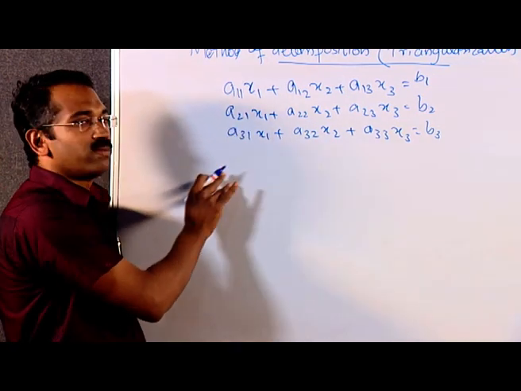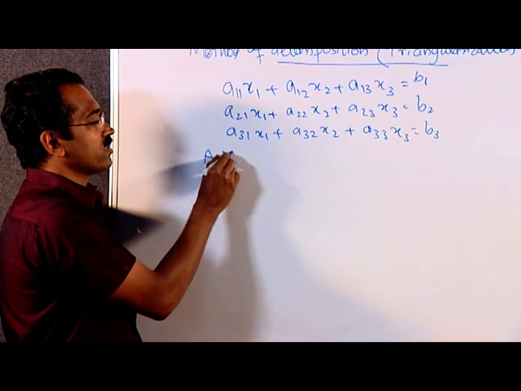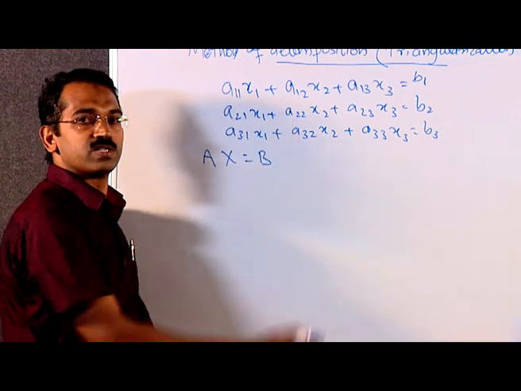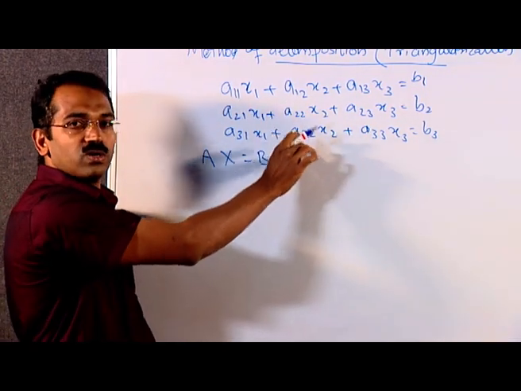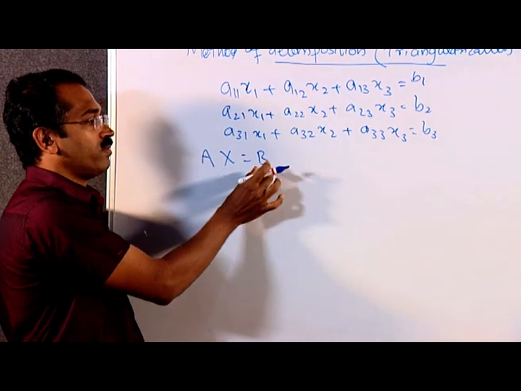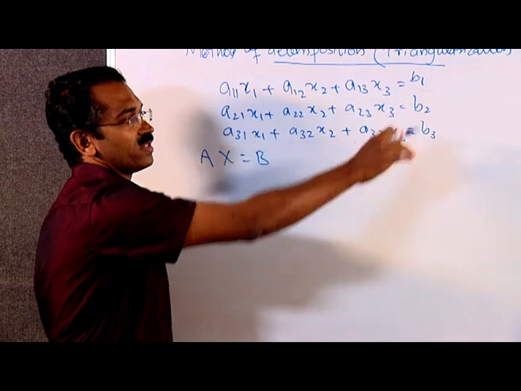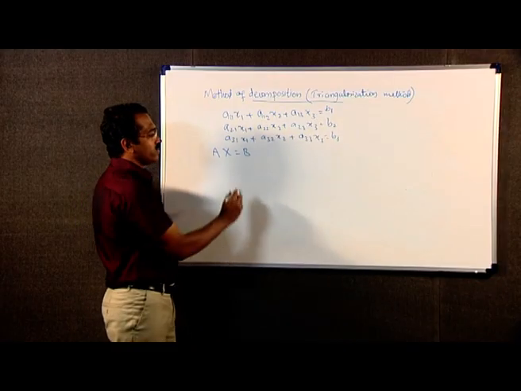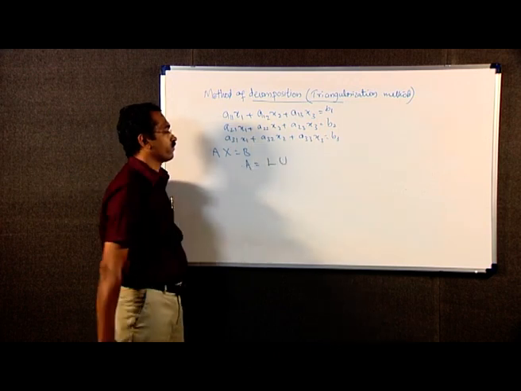This system can be expressed in the matrix form as Ax is equal to B, where A is the coefficient matrix, X is the column matrix of unknowns, and B is the column matrix of constants in the right hand side of the system. Let A equal to LU.